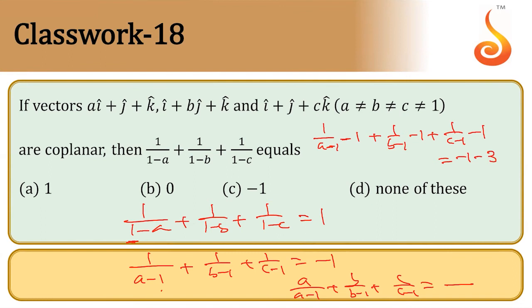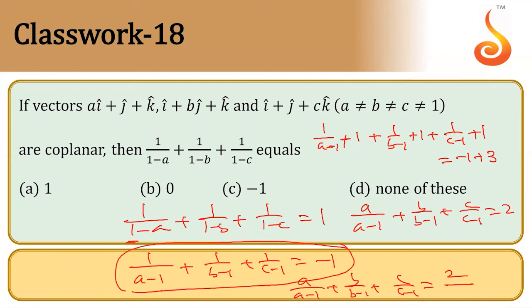If I take this one, sorry, plus 3. So what happened? We'll get a by a minus 1, b by b minus 1, c by c minus 1 equal to 2. Answer is 2. You can add 1 on both sides. For this expression, you can add 1, 1, 1, three ones, and simplify to get the answer.